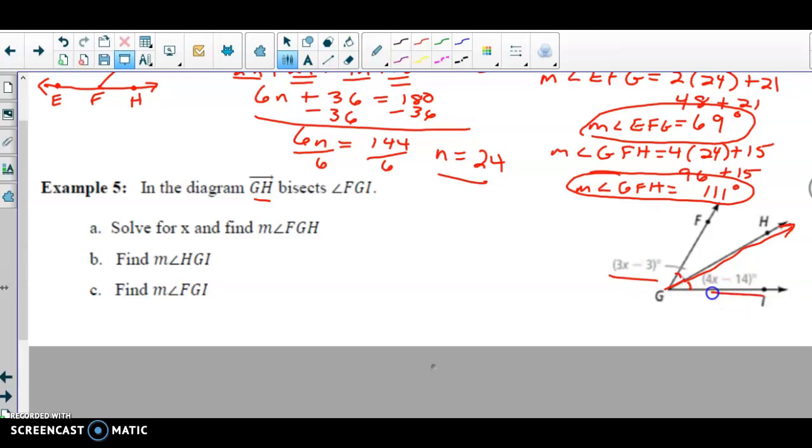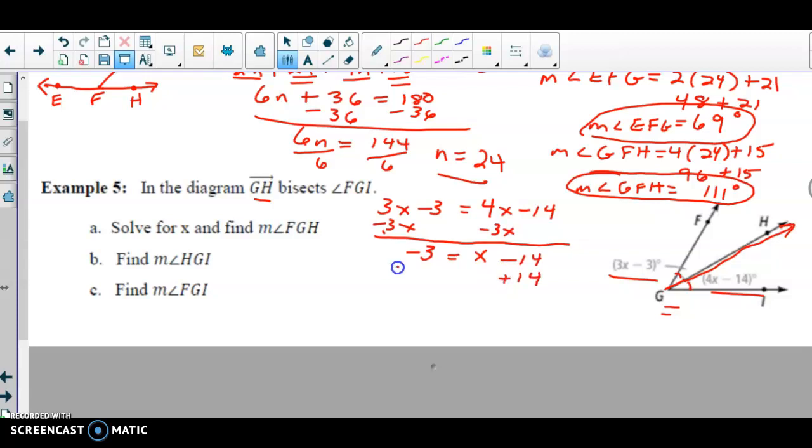This one and this one are going to be equal to each other. So instead of adding them together, we're going to do 3x minus 3 equals 4x minus 14. I would subtract 3x from both sides. So I get negative 3, don't lose that negative, equals 1x minus 14. Add 14. So x is equal to 11.